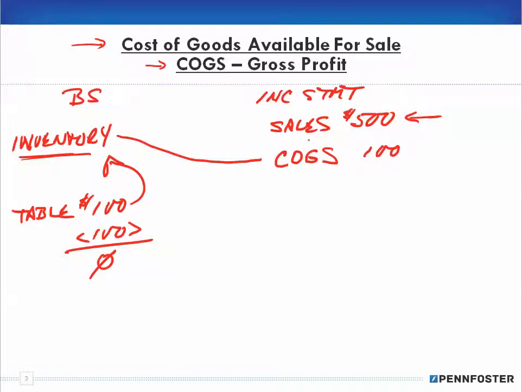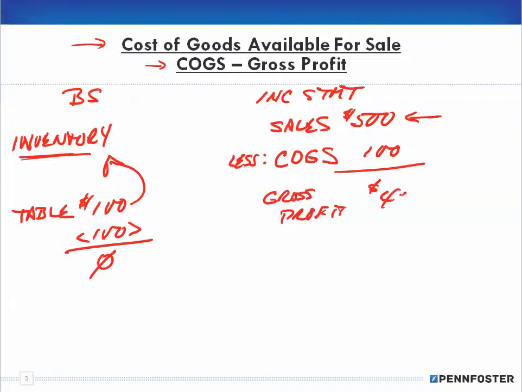Okay, so we have sales, and then this would be less our cost of goods sold, which then gives us our gross profit. In this case here, we're talking about $400.